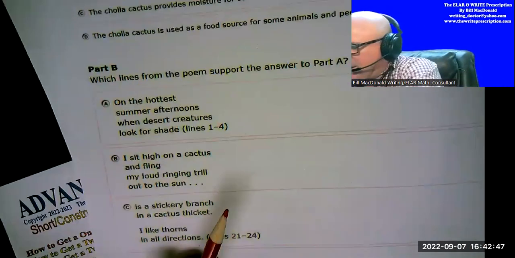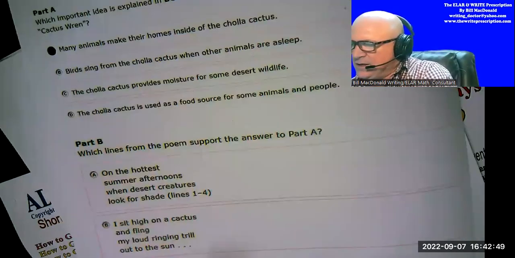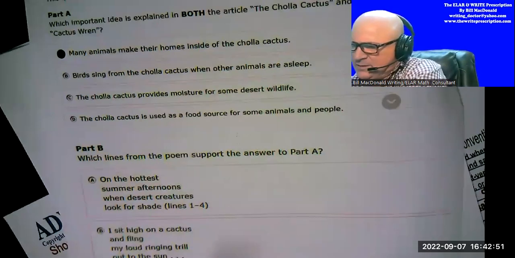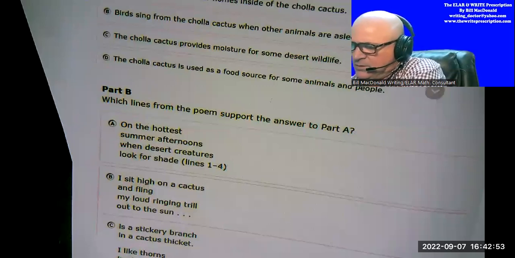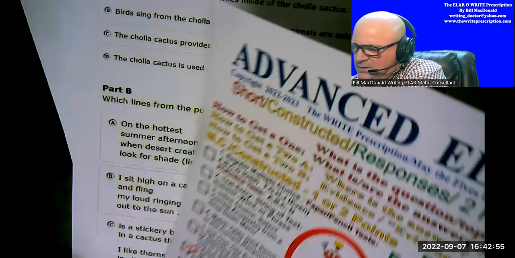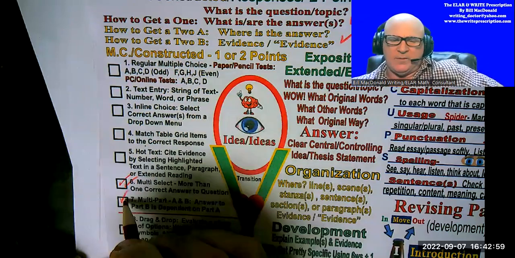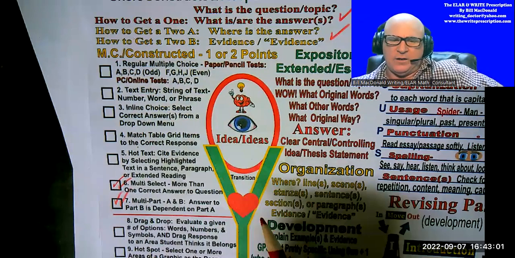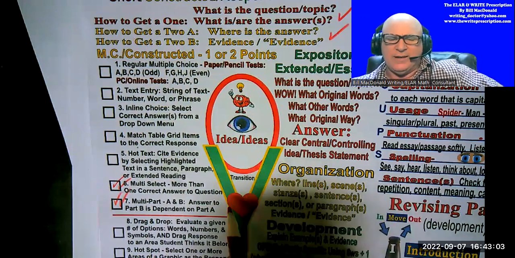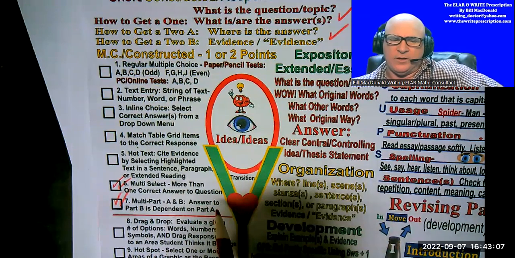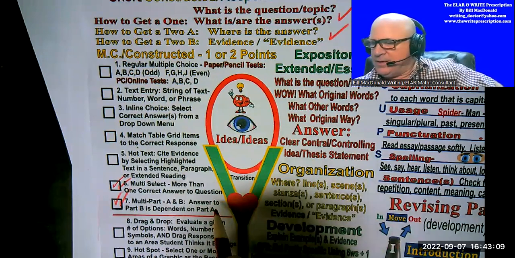So where is that on my folder? Multi-part. There it is. The answer to part B is dependent on part A. In other words, if A is not correct, you will not earn the points for part B.